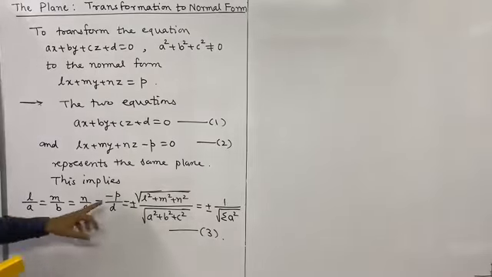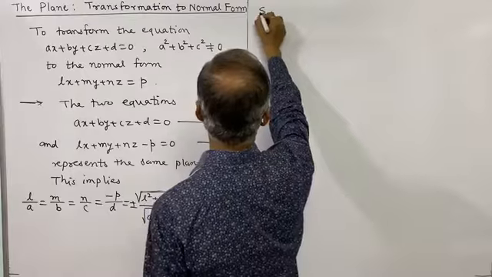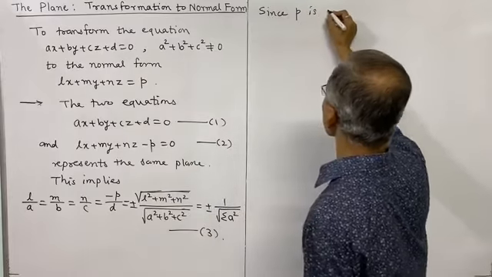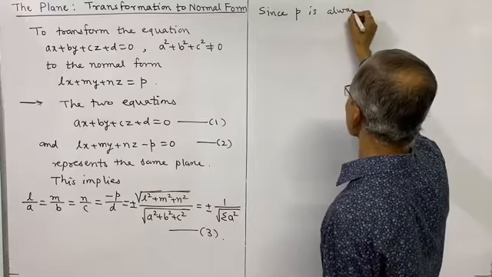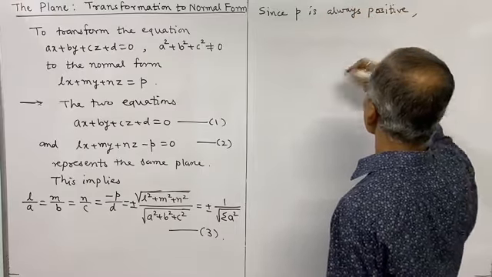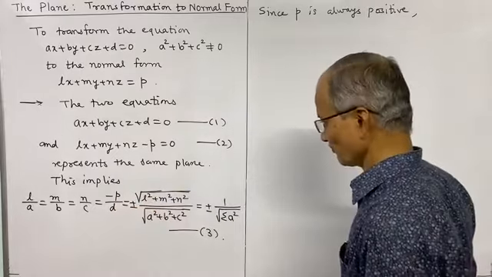Now we know that p is always positive, because p is the length of the perpendicular. So we have the relation p divided by negative d.